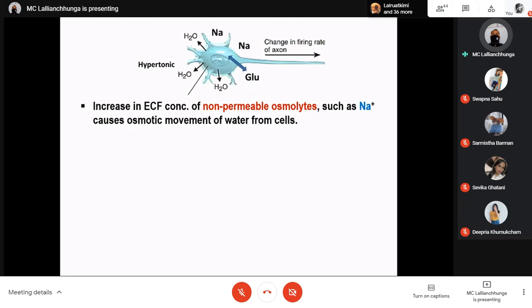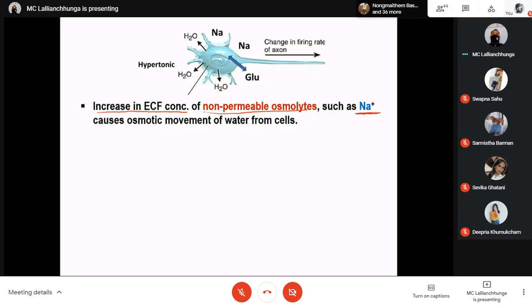An increase in extracellular fluid concentration of non-permeable osmolytes such as sodium causes osmotic movement of water from the cells. Suppose there is an increase in the concentration of non-permeable osmolytes, for example sodium.